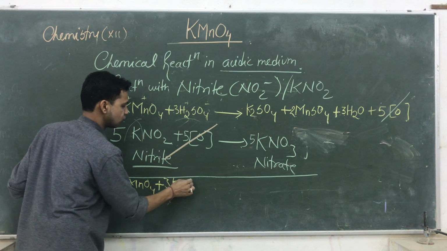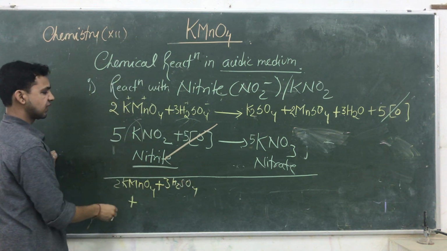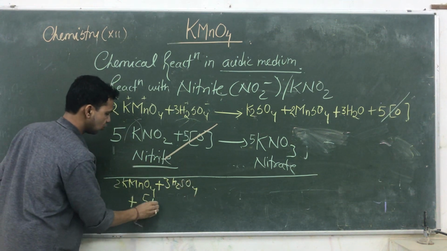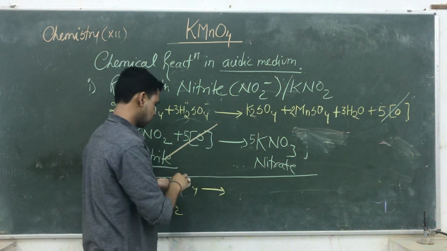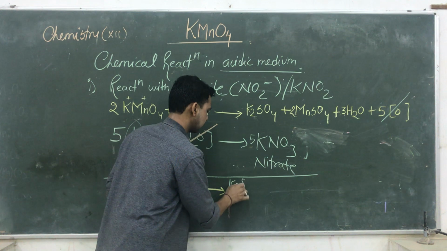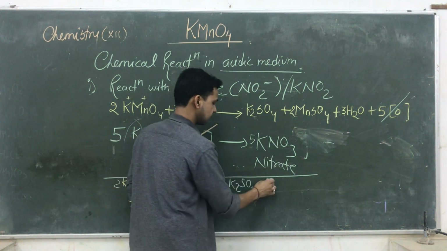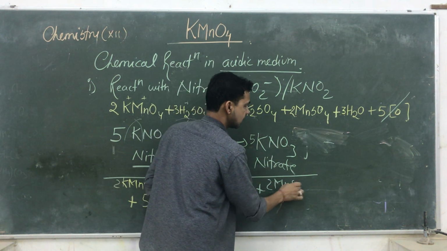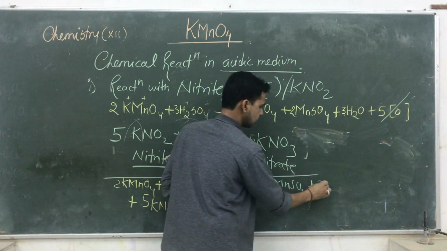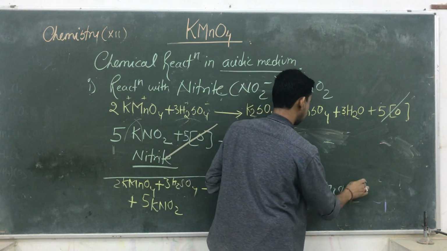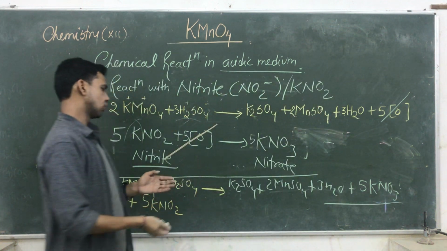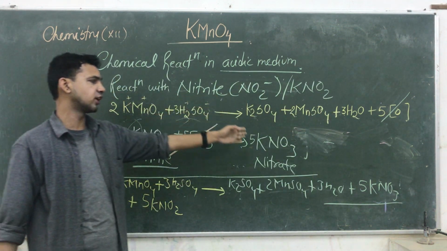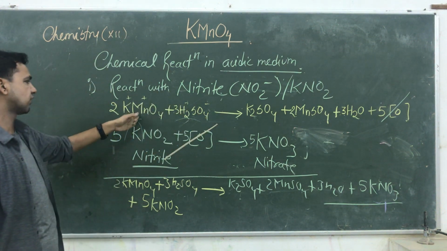Thrice H2SO4 plus how many nitrite salt is here? 5 moles of KNO2 is converting into this, K2SO4 like पहले की तरह है ये, and it's giving you twice MnSO4. How many water? Thrice H2O and giving you 5 molecules of KNO3, potassium nitrate. So here a nitrite salt is converting into nitrate when it reacts with KMnO4.